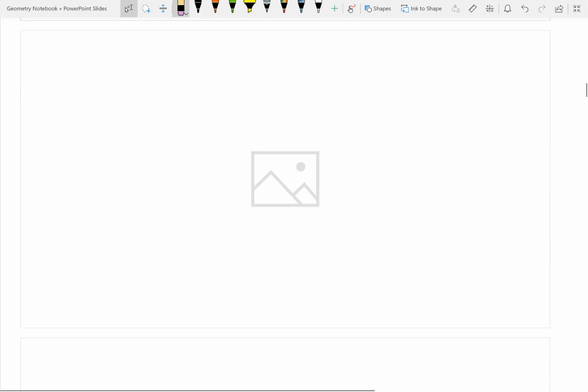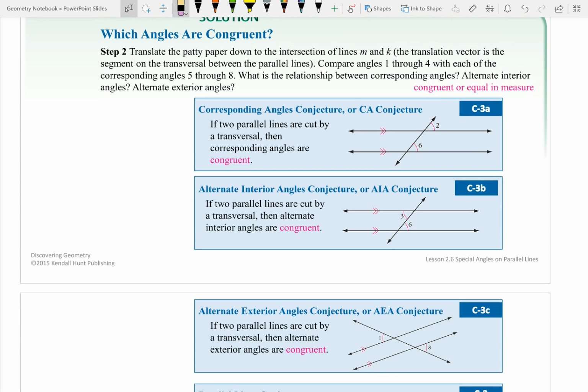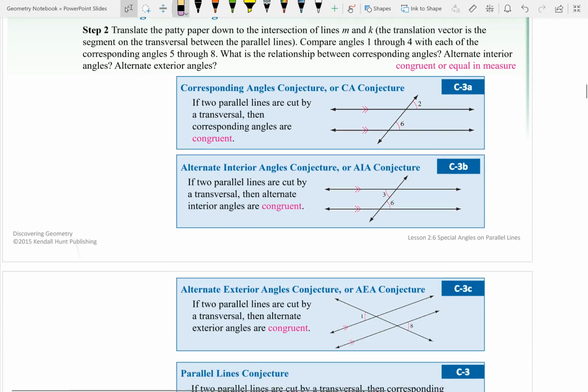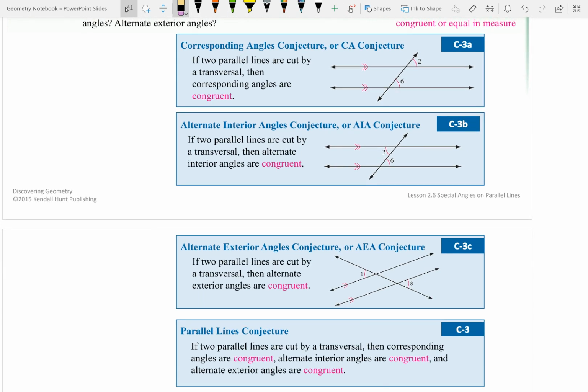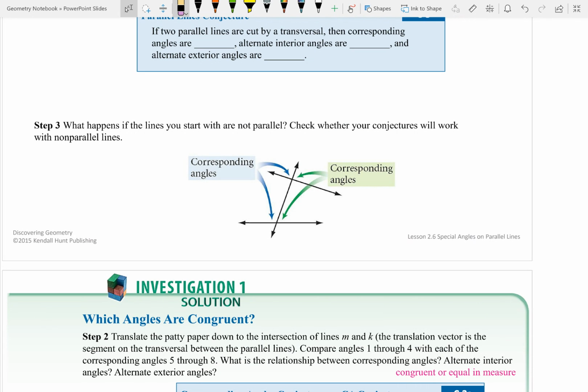And so we're going to notice that they're all congruent or equal in measure, and all of the conjectures just have the word congruent on them. So the corresponding angles, the alternate interior angles, the alternate exterior angles, they're all conjectures, what we notice from inductive reasoning.